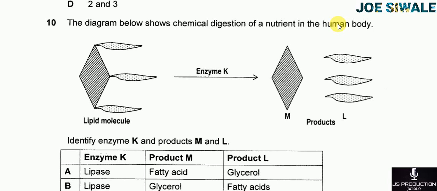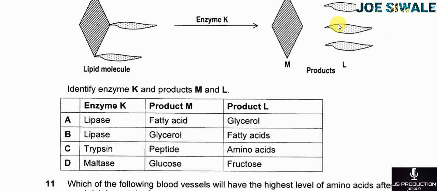So the question proceeds, identify enzyme K and products M and L. So multiple choice A, I have enzyme K as lipase, product M as fatty acid, product L as glycerol. Then B, enzyme K as lipase, product M as glycerol, product L as fatty acids.